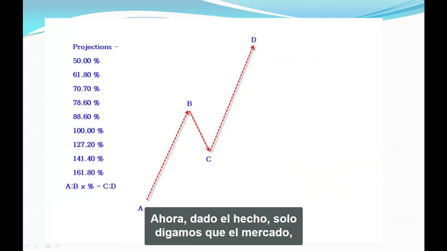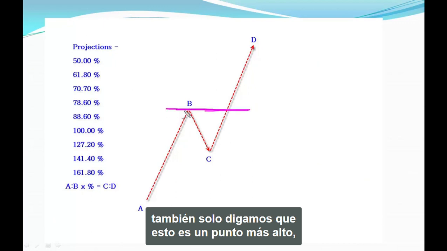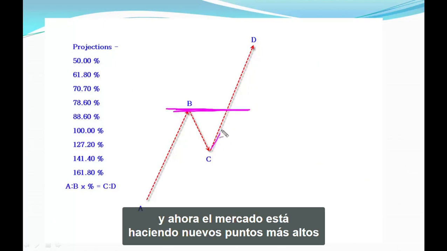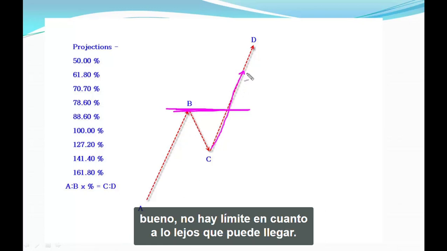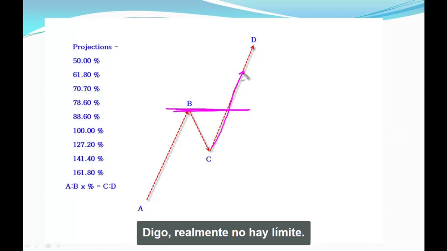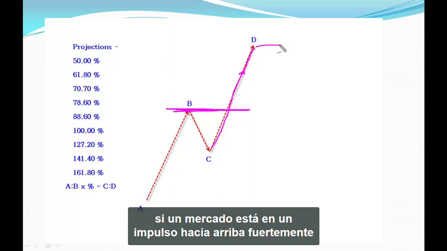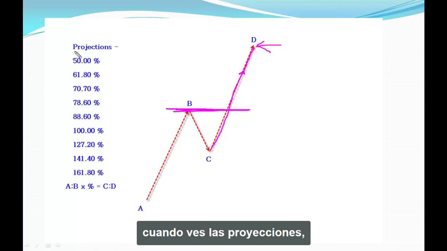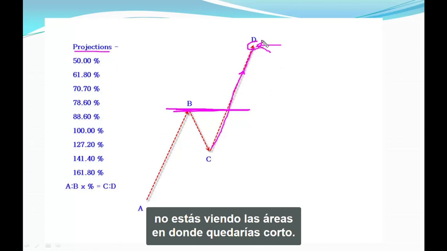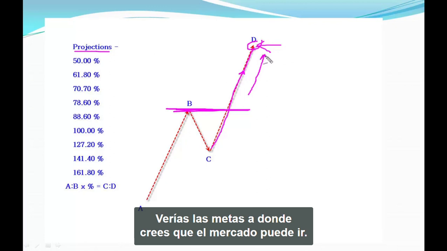Now, given the fact, let's just say that the market also, let's just say this is an all-time high, and now the market is making new all-time highs. Well, there's no limit as far as it can go. I mean, there really is no limit. We've seen this before, where a market can continue. So if a market is in an impulse going strongly up, when you look at projections, you're not looking at areas where you would short, you would look at targets where you think the market can go.